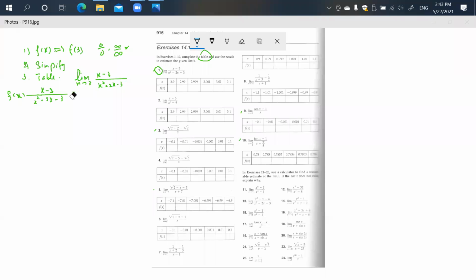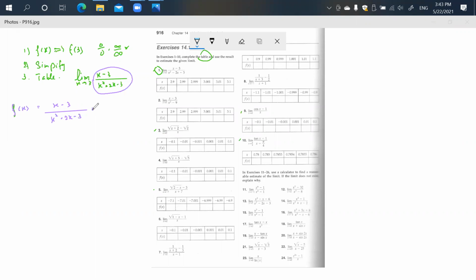Now I will write outside here, because the whole thing here is the f of x. So f of x equals x minus 3 divided by x squared minus 2x minus 3.